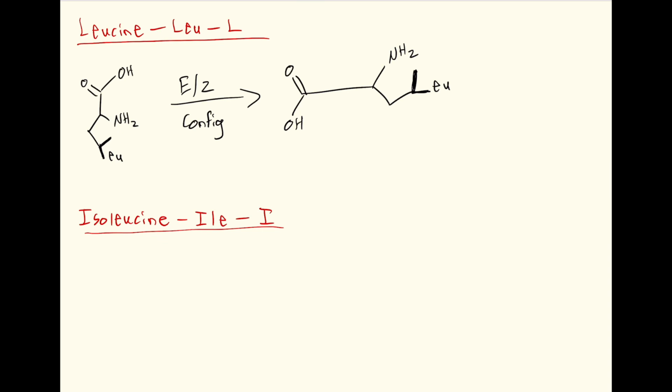Now, the reason why this is isoleucine, think of it as an isomer of the previous compound we drew, which was leucine, right? So yeah, there we go. And this is how you draw it.